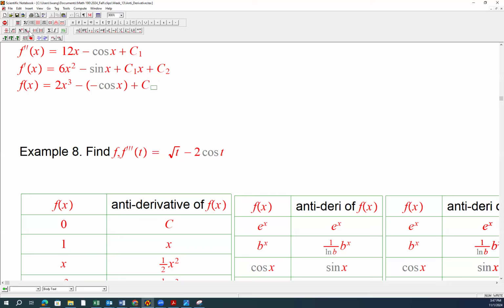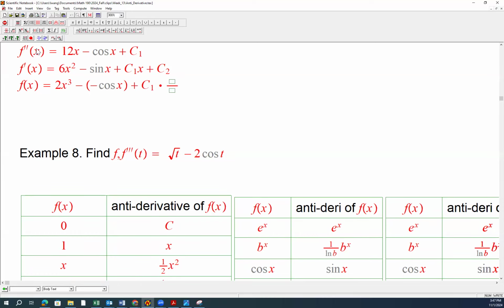Let me continue to be consistent, right? So that's going to be C sub 1 x squared over 2. The antiderivative of C sub 2 is C sub 2 times x. So now we have to add a C sub 3.